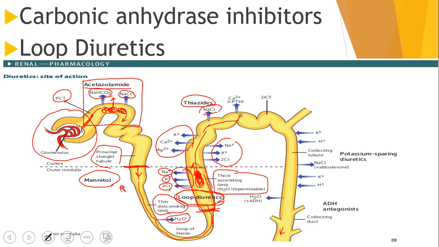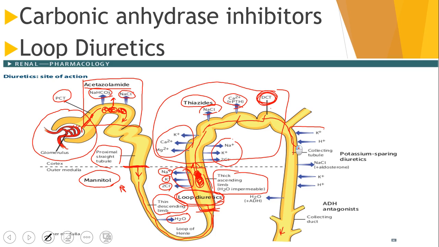So potassium's taken out, calcium. Now we're looking at the distal convoluted tubule. So this is where these thiazides are taking effect. Ions keep traveling through. Some ions are put back in, which is potassium and hydrogen. And now we have the collecting tubule, and this is where potassium-sparing diuretics typically have their effect.